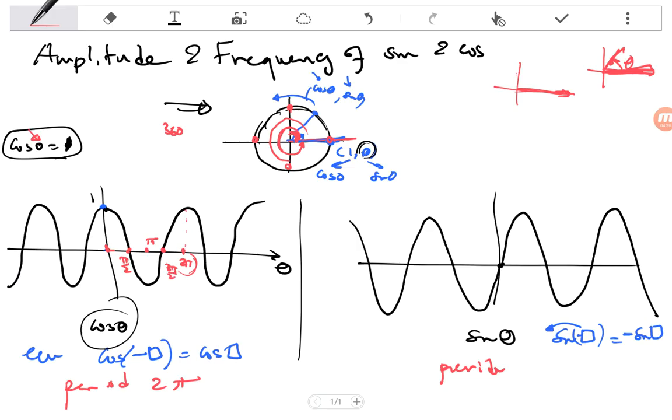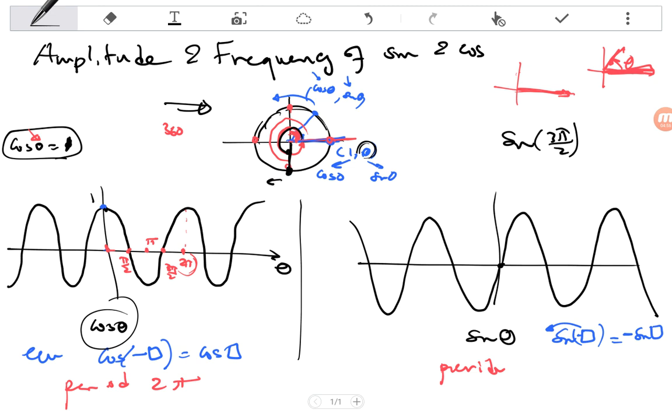So these are the four main angles whose sine and cosine I should know without using any calculator. Why? Because when I tell you to find sine 3 pi over 2, that is a known angle. This is that angle, 3 pi over 2, and I know these coordinates.